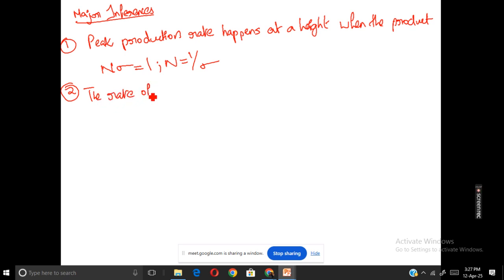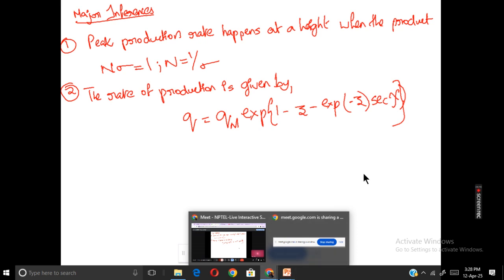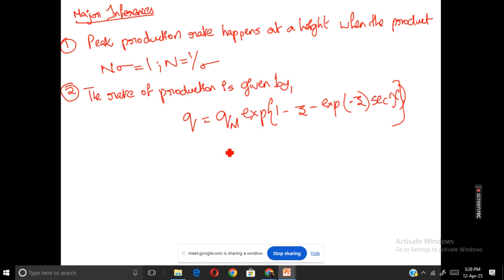The second one, the rate of production is given by Q is equal to Qm into exponential of 1 minus Z minus exponential of minus Z into sec chi.